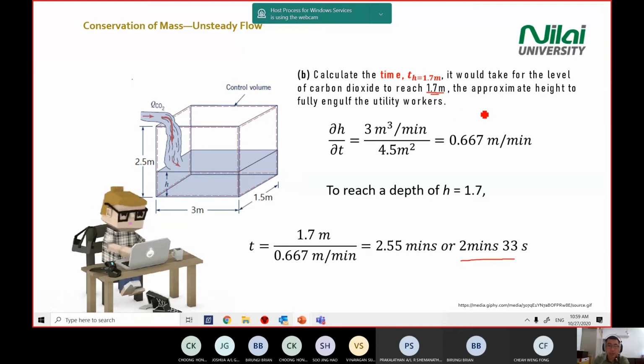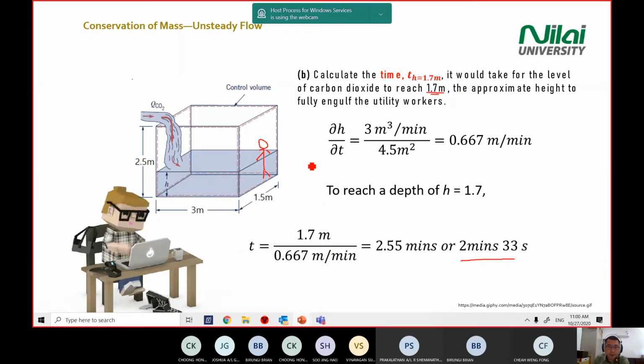Meaning, if we assume there's no mixture of CO2 and air, within 2.5 minutes, the workers will start to be flooded with CO2, and then it will show some symptom of air poisoning, CO2 poisoning, and then yeah, you put your worker at risk.